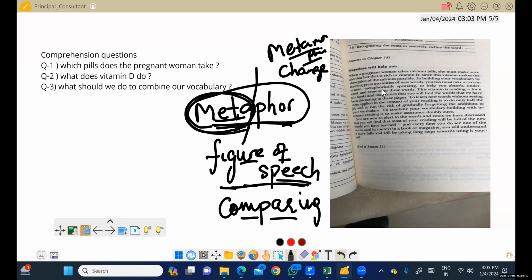In reality, vitamin D absorbs calcium. As a metaphor, the reading habit absorbs your vocabulary. We have taken this as a metaphor, as a figure of speech.